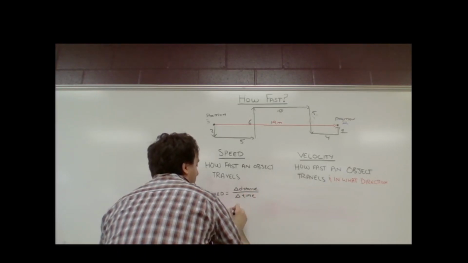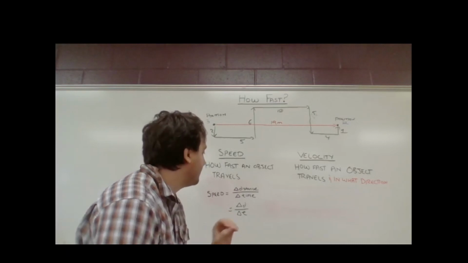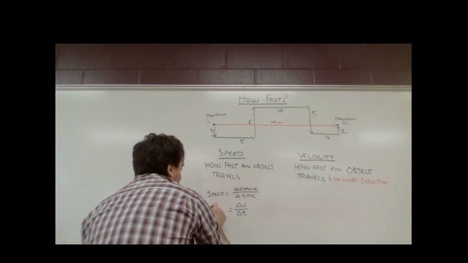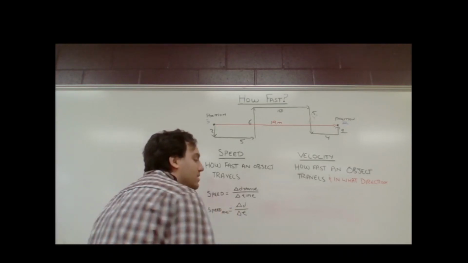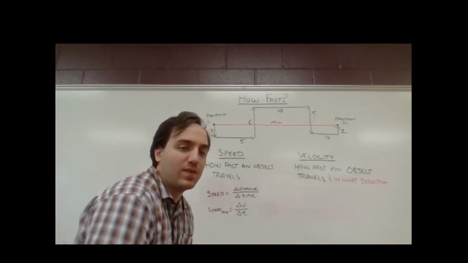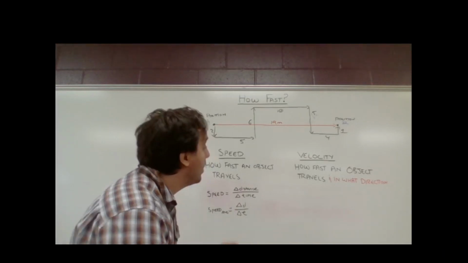A more shorthand way to say this will be delta d over delta t. This, strictly speaking, is for your average speed. If your speed isn't changing at any point, if your speed's constant, if it's always 60 miles per hour, your average will be the same as your actual.